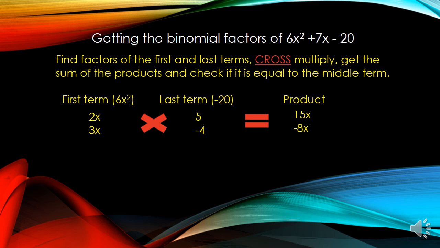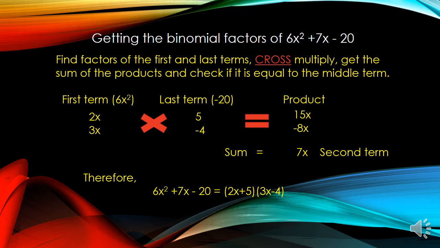If we add this, 15x plus negative 8x, we get 7x, which is exactly the middle term in the given expression. Therefore, 6x squared plus 7x minus 20 is equal to 2x plus 5 times 3x minus 4.